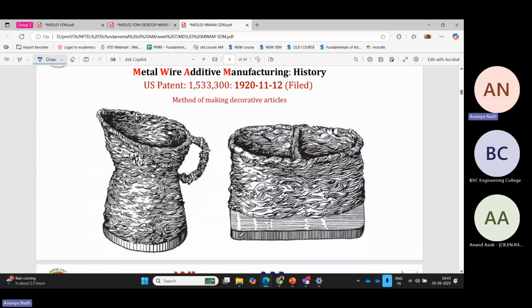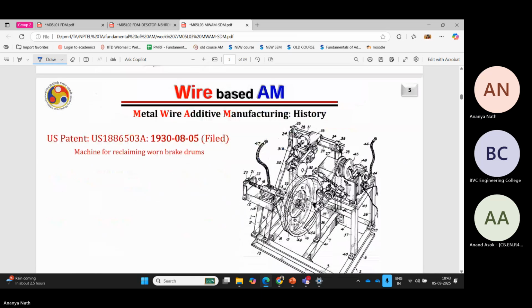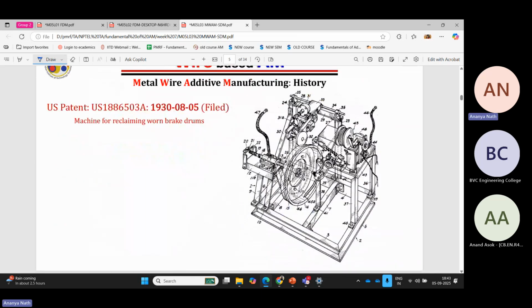So these are two examples of parts made using the VAM process, or metal wire additive manufacturing. This is the patented one. This is the first machine against which the patent was filed, in which the names are not given here.